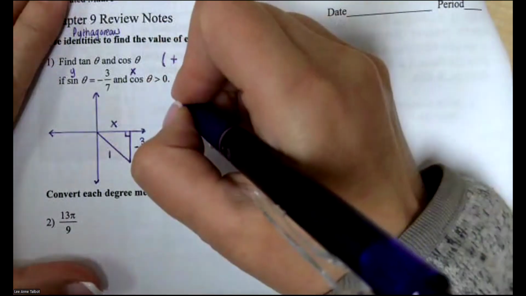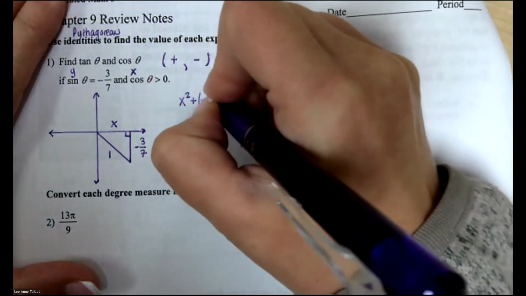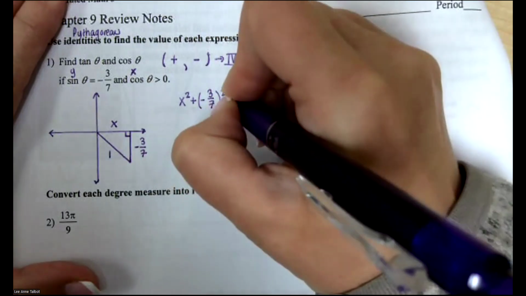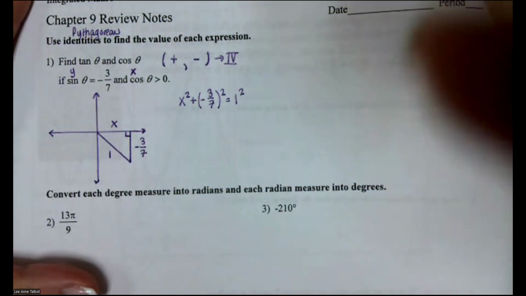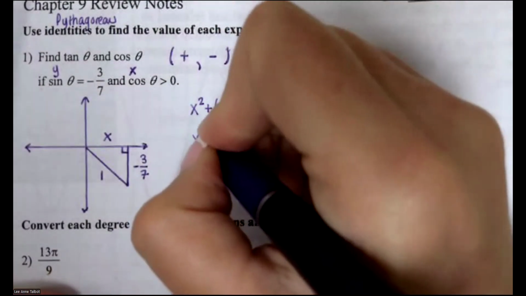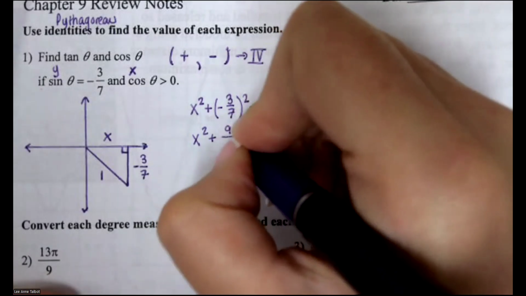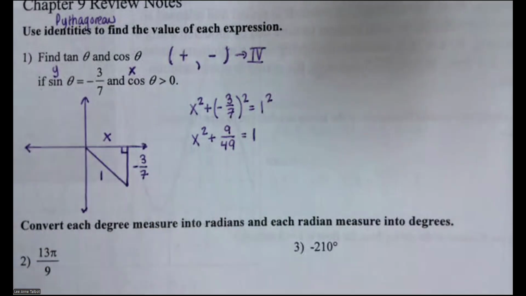Okay. Pythagorean theorem, x squared plus -3/7 squared equals 1 squared. X squared plus 9/49 equals 1. Do you guys see where I got the 9/49 from?